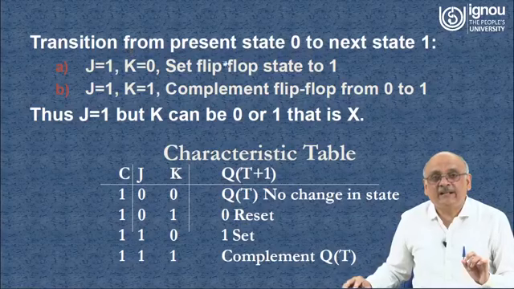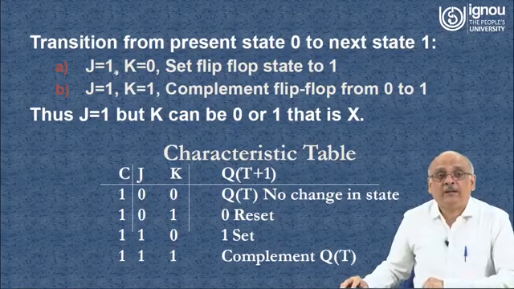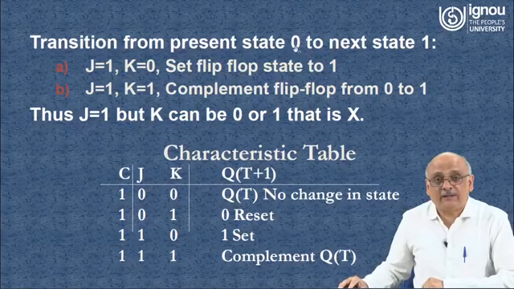What is going to be the next entry? Suppose present state 0 to next state 1. In this particular situation the current state is 0. Now we complement it, and I get state 1, or I set it, right? So these are the two transitions I can use.